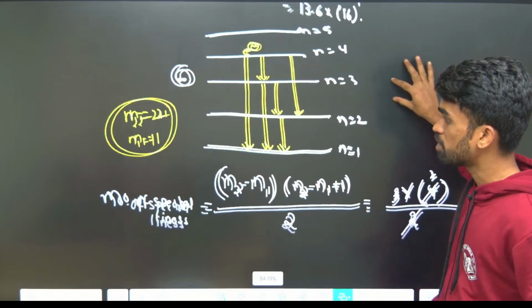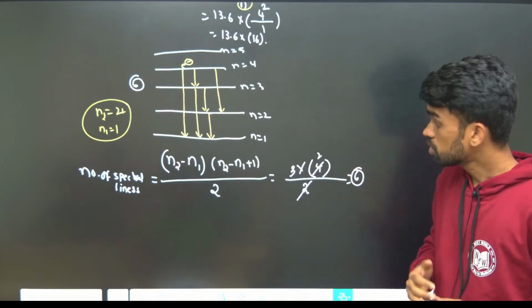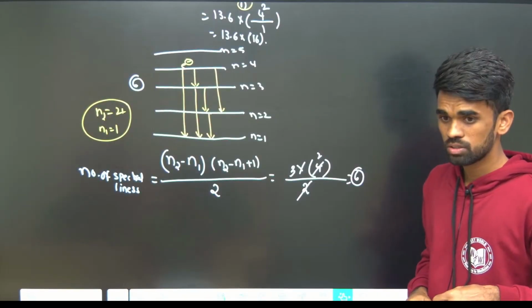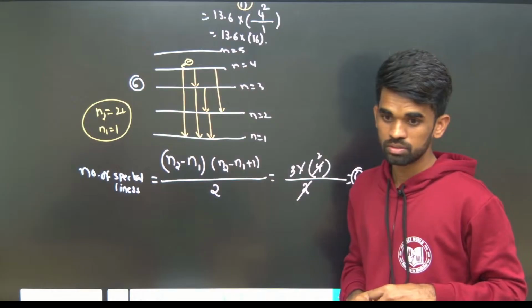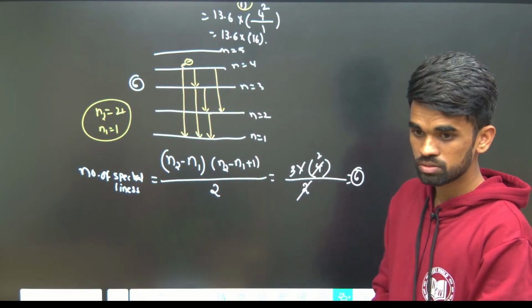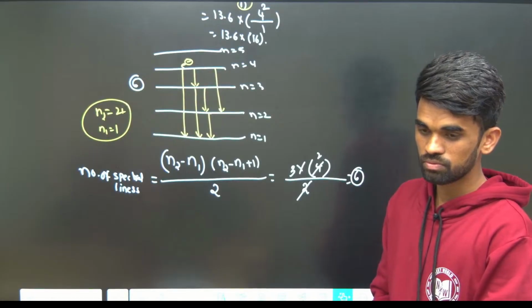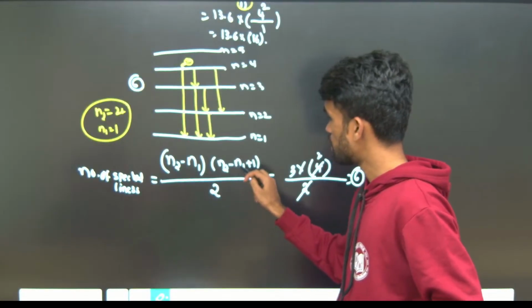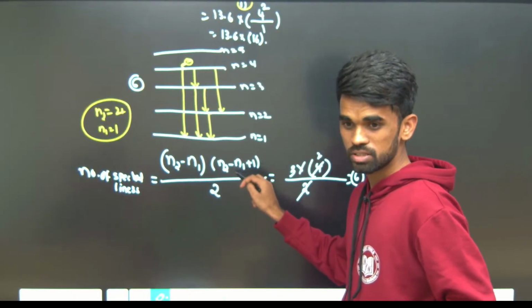Just write one more question now. Tell me. n2 is 4, n1 is 1, 1 plus 1 is 2. So 4 minus 1, how much? 3.